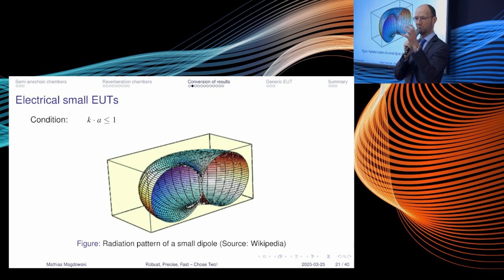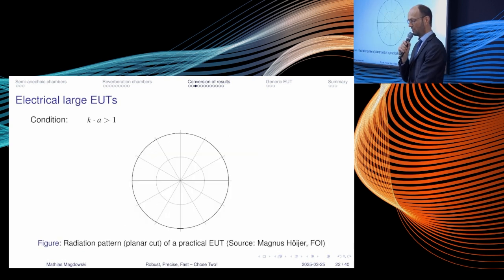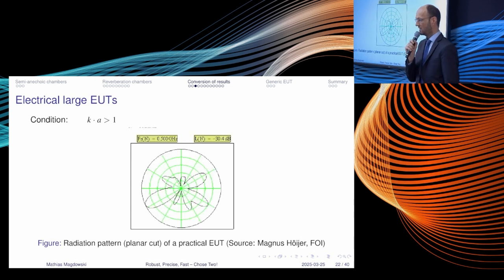If you rotate it in, let's say, 90-degree steps, no problem, you will find the maximum emission. The problem is, if we go to higher frequencies or to larger objects, so if this product k times a, the electrical size, gets larger, you can get more complicated radiation patterns.